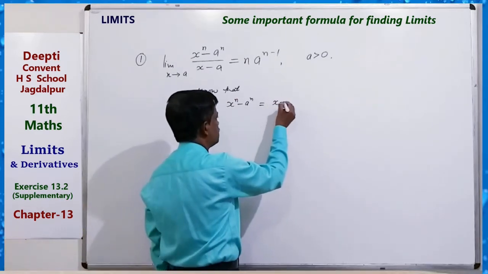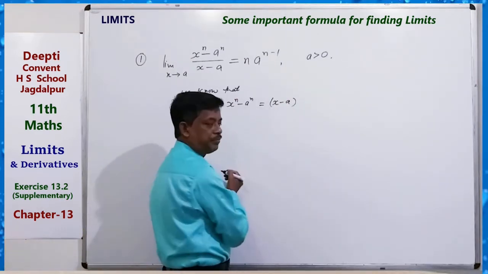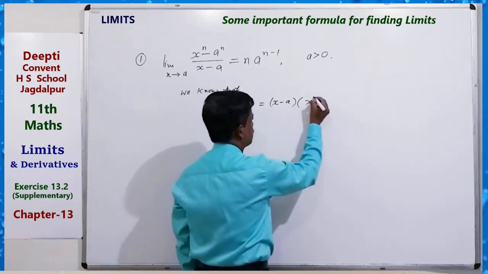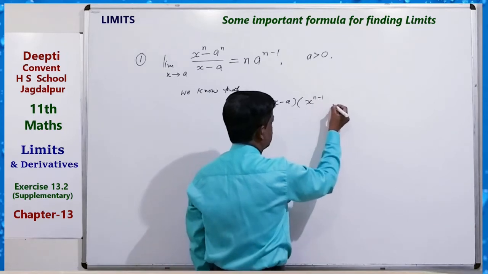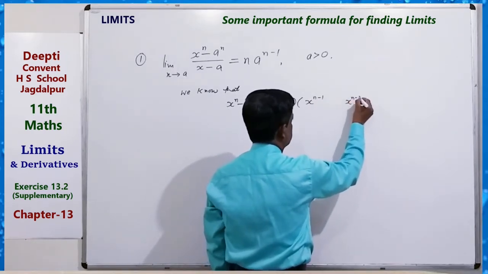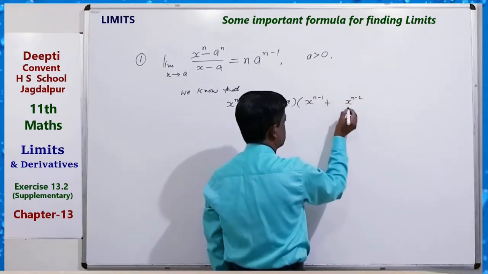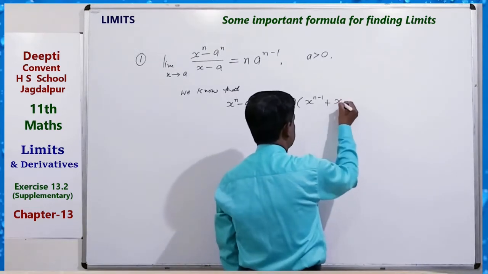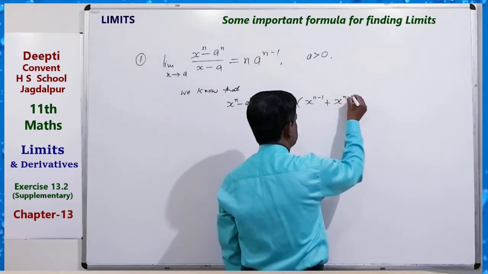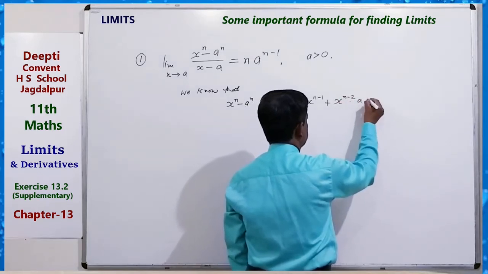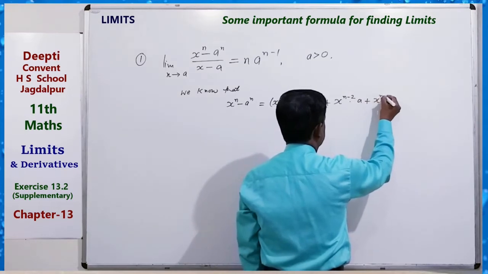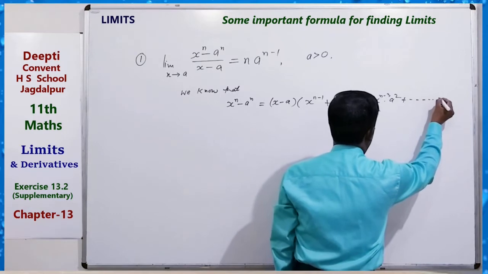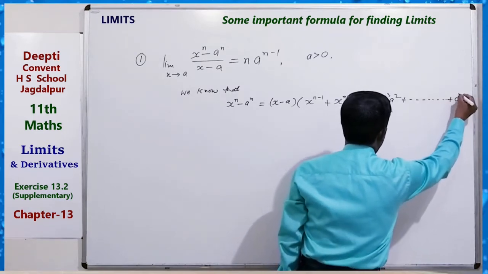So we can write it as (x minus a) times a factor with one less power, n minus 1: x to the power n minus 1, plus x to the power n minus 2 into a, plus x to the power n minus 3 into a square, and so on. The last term will be a to the power n minus 1.